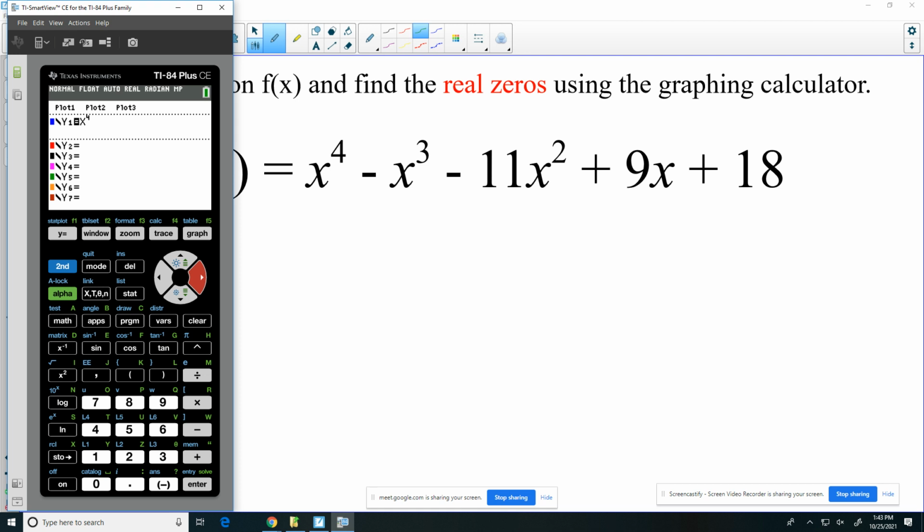Make sure you arrow out of that exponent so you don't stay up there. Minus. Do not use a negative. It's got to be a minus, guys. All right, so I'm typing in my entire equation. And now let's look at the graph.